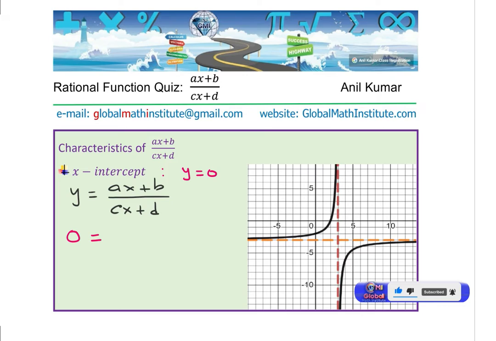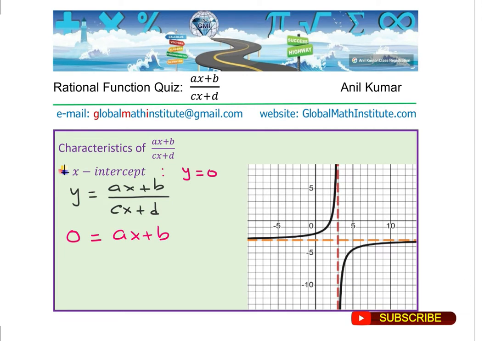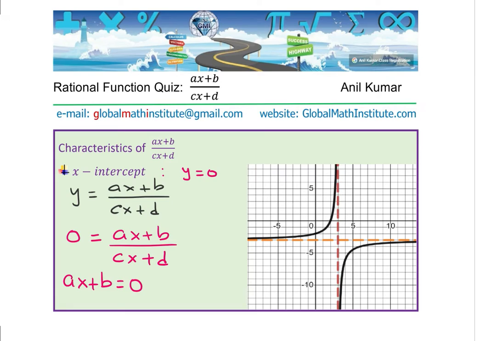We get 0 equals ax plus b over cx plus d. Now the numerator should be 0 so that the whole function is 0, right? So we can equate ax plus b to 0 and find the value of x. That is how you find the x-intercept. Is that clear to you?